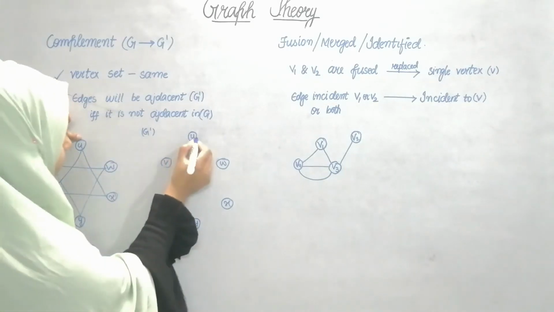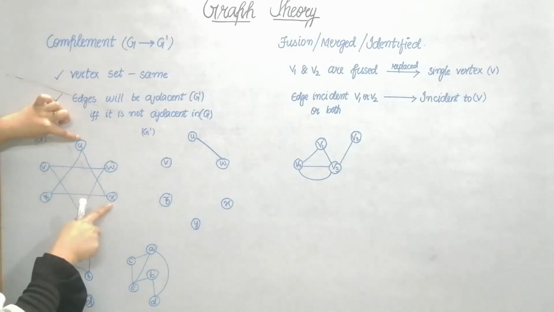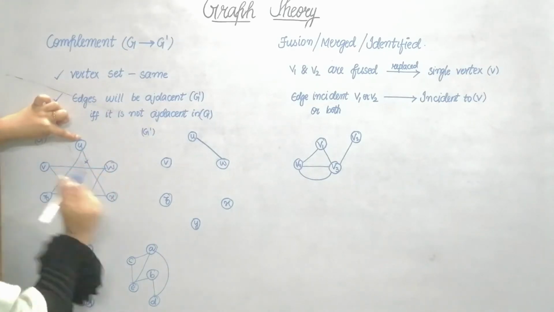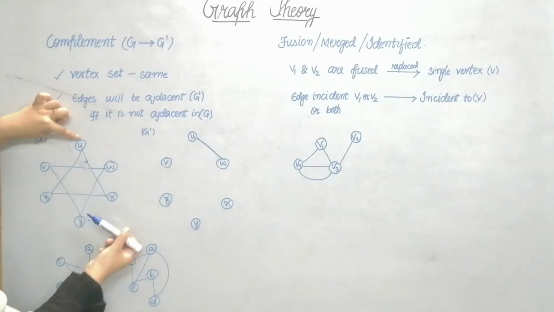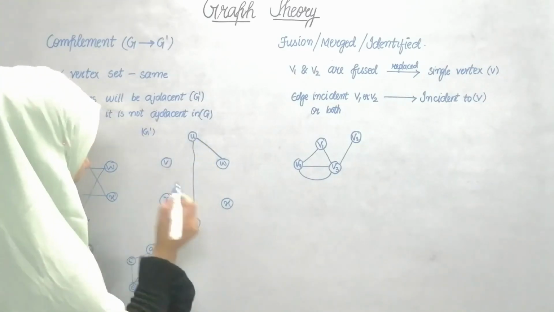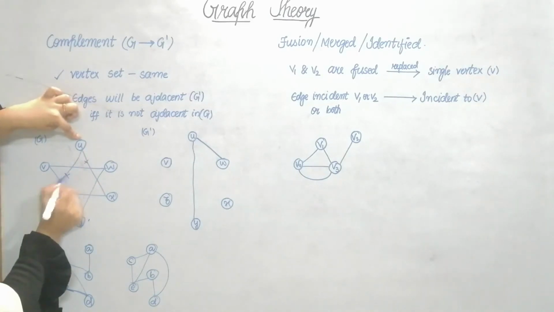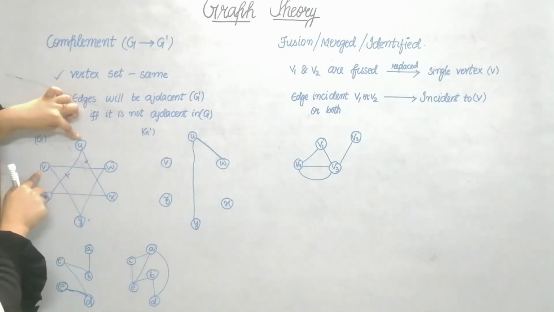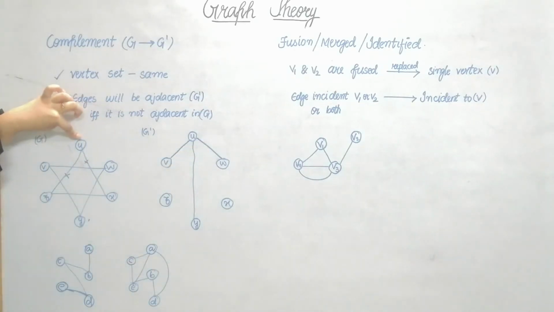No. So we are going to include U and W. Okay, done. Now, is U adjacent to X? Yes. So we are not going to include this. Okay. The next. U is adjacent to Y? No. We are going to include this U and Y. Now next. It is adjacent to Z. We are not going to take it. Okay. Is it adjacent to V? No. So we are going to include this. Got how we are doing it?